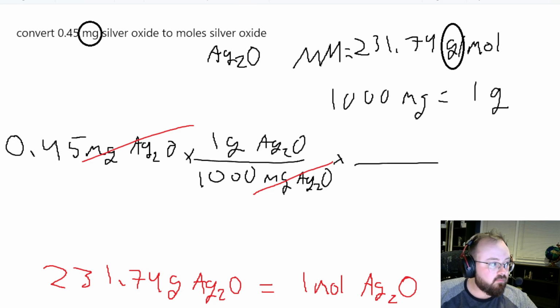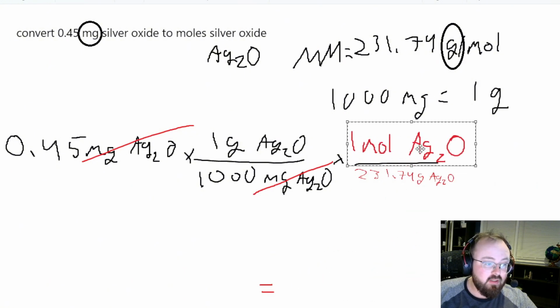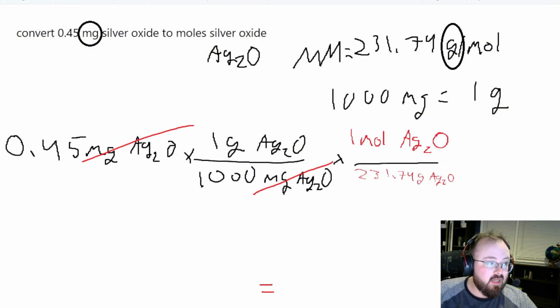Well, I have grams of Ag2O right here. So we're going to take the grams and we're going to put it right here on the bottom. Since our other one goes here on the top, we're going to keep track of our units here. The grams of silver oxide cancel out.